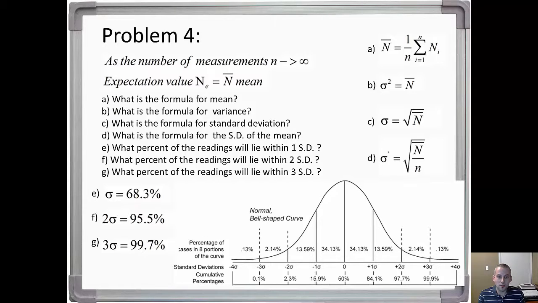Total, 68.3%. What I like here, though, is it also shows the percentile. So what about 2 standard deviations? 95.5%. So the 2 standard deviations goes from 2.3% to 97.7%. Would lie within that distribution. I like this depiction.